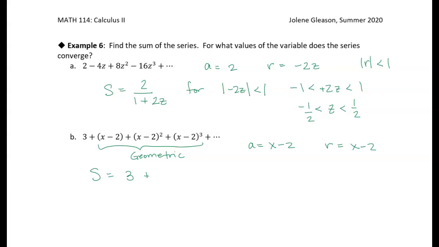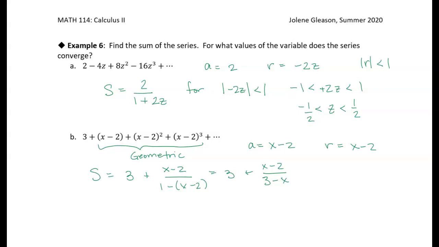If r is behaving properly, then the rest of it is going to add up to x minus 2 over 1 minus r. So 1 minus (x minus 2). Okay, and I can rewrite that as 3 plus x minus 2 over, now minus a minus 2 becomes plus 2, plus 1 is 3 minus x. Okay.